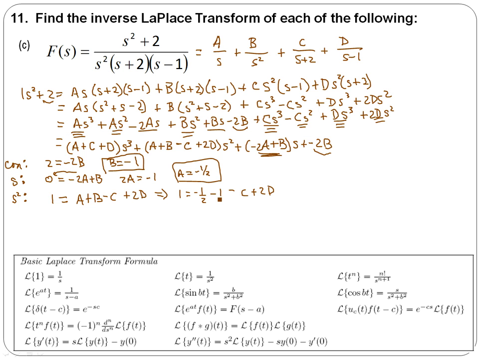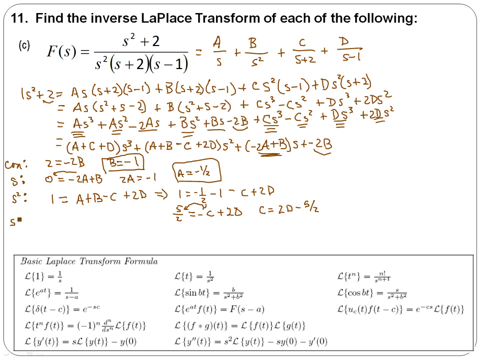This is going to give me a negative 1/2. And if I add 1/2, it'll give me 5/2 on this side. 5/2 is equal to negative c plus 2d. And let me solve this for c so that I can use it in the next equation. Bringing the c over to the left side, and if I bring the 5/2 over to the right side, I get c is equal to 2d minus 5/2.